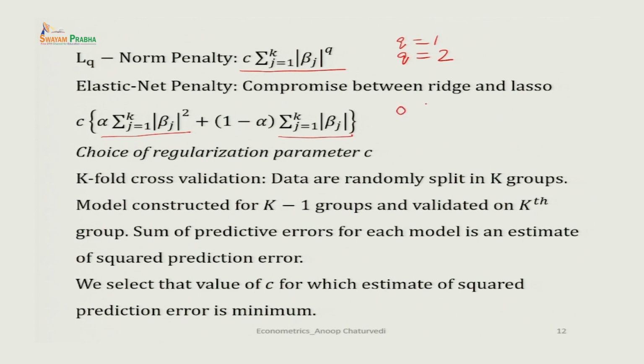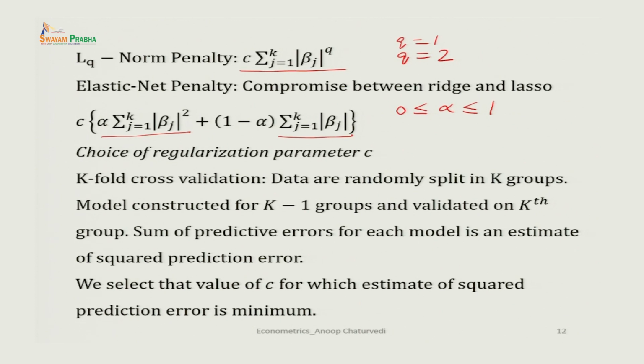Of course, alpha lies between 0 and 1. For alpha equal to 0, you get the lasso penalty, and for alpha equal to 1, you get the ridge penalty. And for any value of alpha between 0 and 1, it is a compromise between ridge and lasso penalties.